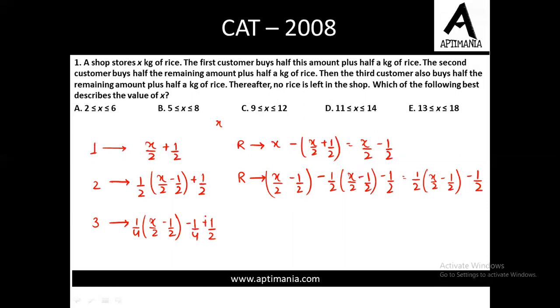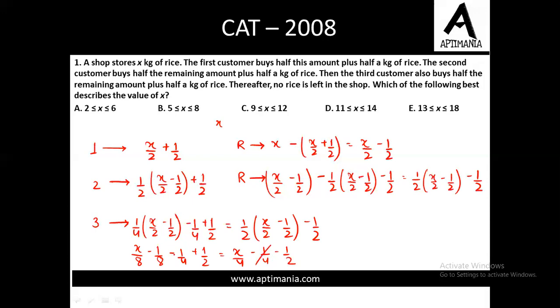After purchasing done by the third customer, the quantity left is 0. So the remaining quantity should be equal to the quantity purchased by the third customer. On solving the equation, we'll have X by 8 minus 1 by 8 minus 1 by 4 plus 1 by 2 equal to X by 4 minus 1 by 4 minus 1 by 2.